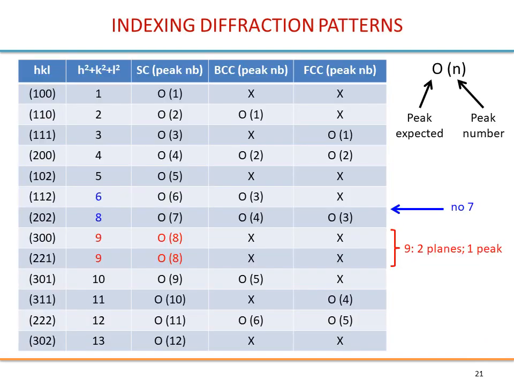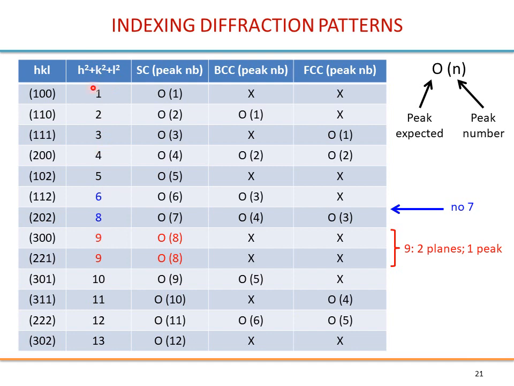Let's see what kind of peaks we get depending on the cubic systems that we are using. Let's take some HKL planes here. The sum of h squared plus k squared plus l squared is given here.